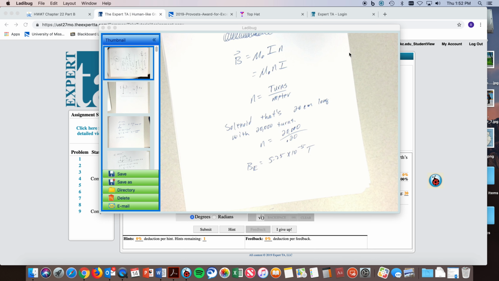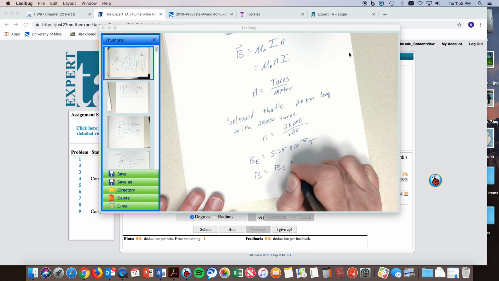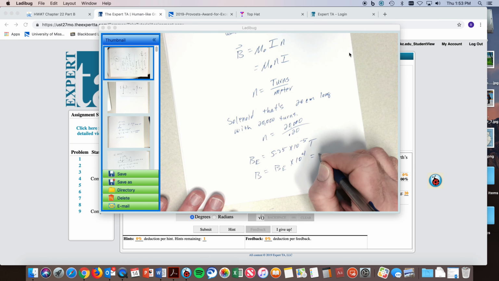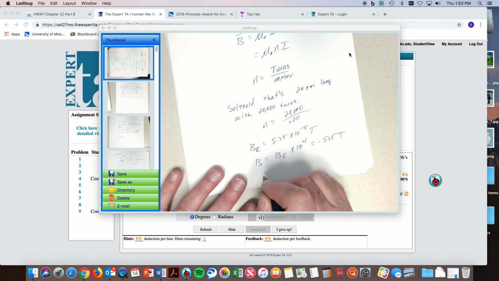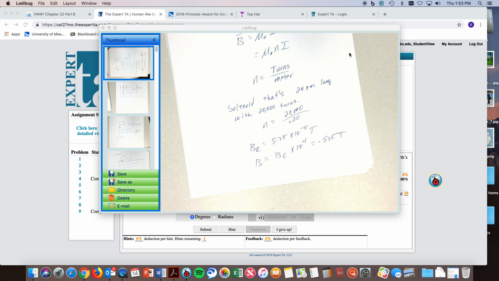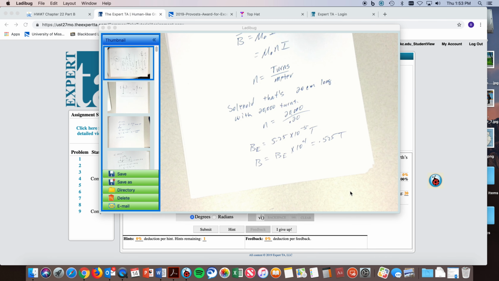We want B equal to B_E times 10 to the 4th, so this would come out to be 0.525 Teslas. How many turns did this one have? 10,000. N is equal to 10,000. Well, this is really easy then, and we've got to find I. I know it was an easy one because I just wanted you to see solenoids real quick.